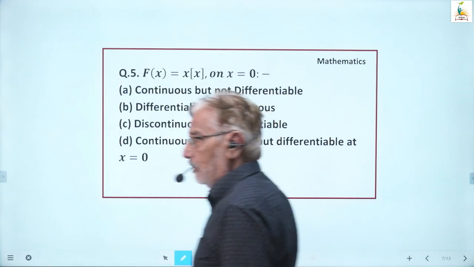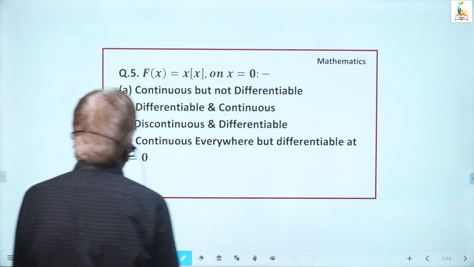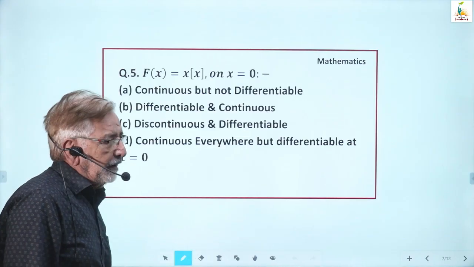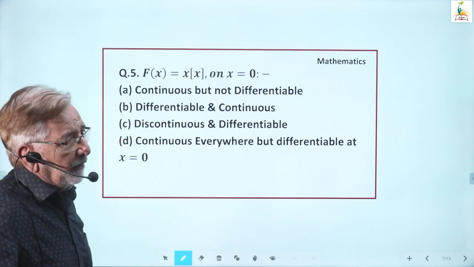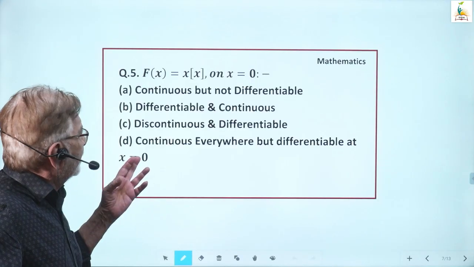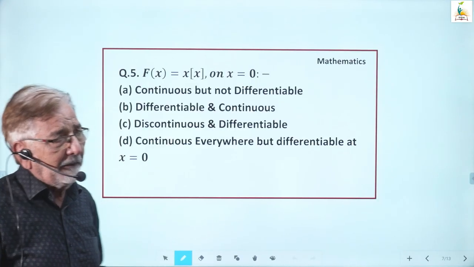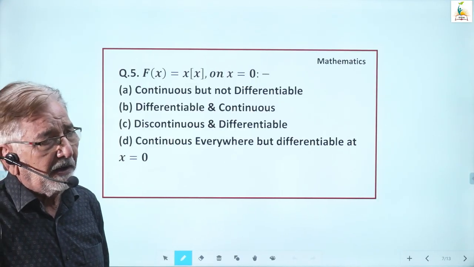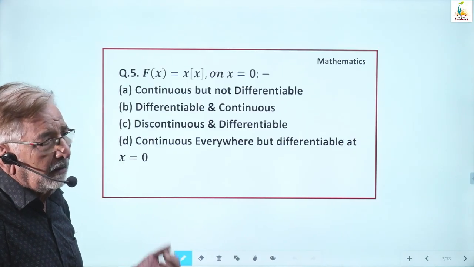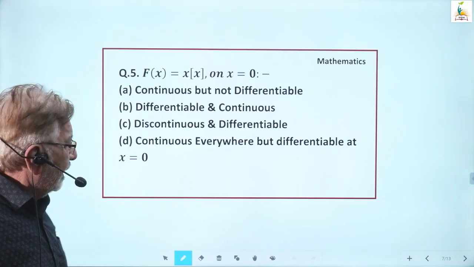f(x) equal to x times greatest integer x at x equal to 0. If you take it as a question of continuity, the left limit at 0 will be 0, and the right limit will again be 0. So let us now check its differentiability.